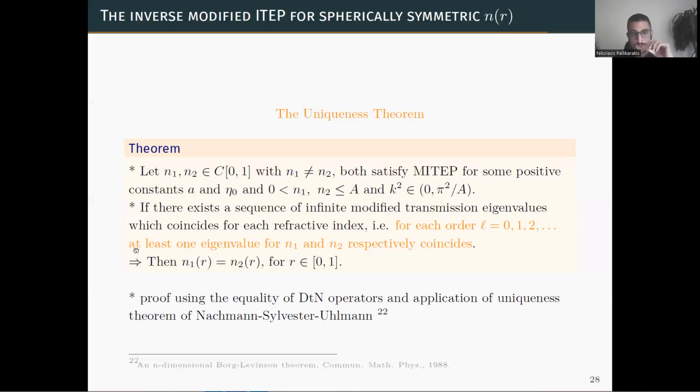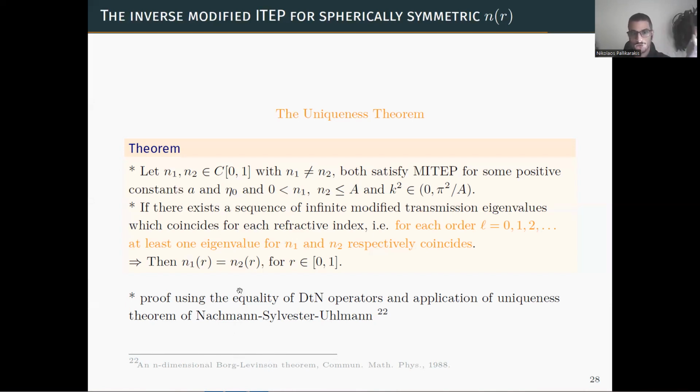And this proof is based on the previous theorem of equality of Dirichlet-Neumann operators, and we used an old result from this paper of Nachman, Sylvester, and Uhlmann. It's a very well-known paper back from 1988 for the Borg-Levinson theorem.